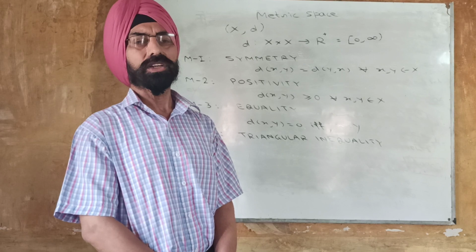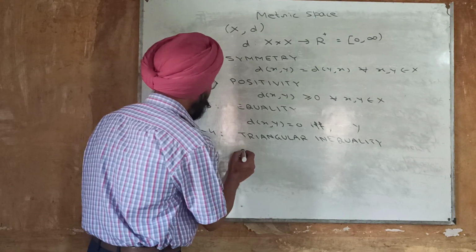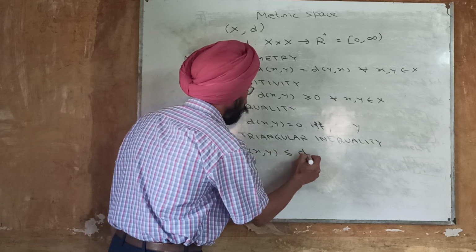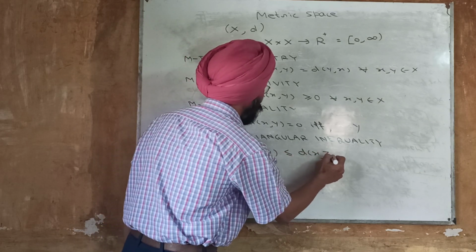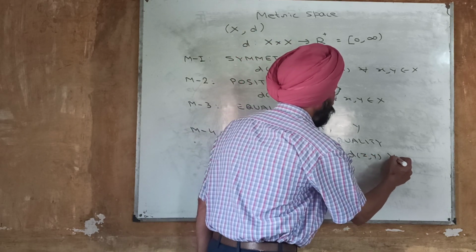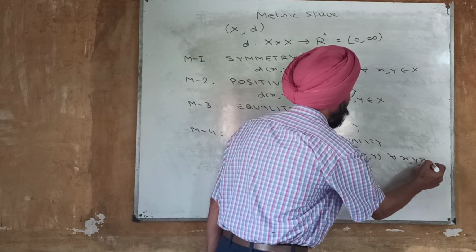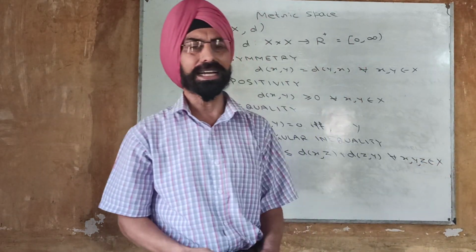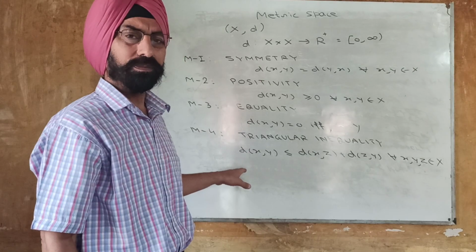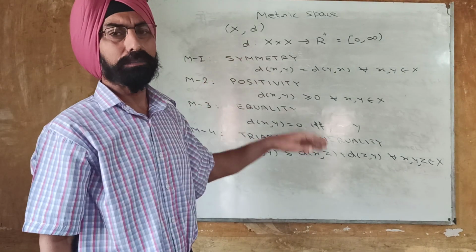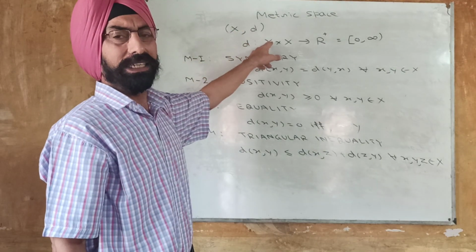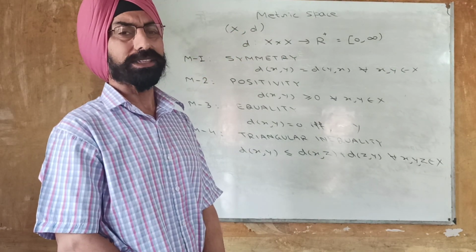Here it is almost the same, that is D of xy is less than or equal to D of xz plus D of zy for every 3 points x, y and z belonging to the set X. So if these four properties are satisfied, we will say that D is a metric, and the non-empty set X along with metric D will be called a metric space.